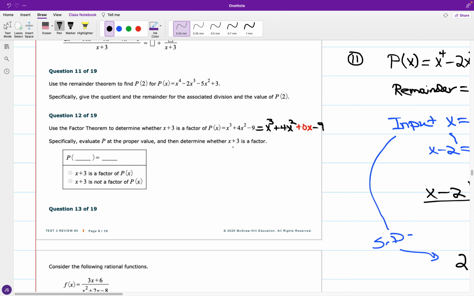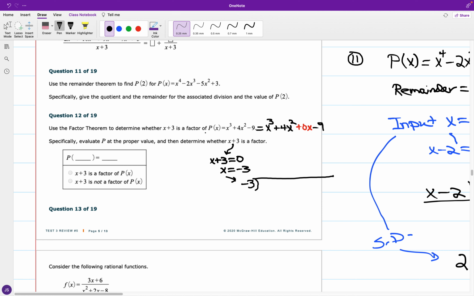And for x plus 3, x plus 3 is equal to 0. To translate this into synthetic division, I can use the 0 of x plus 3, so you have negative 3 in reference to x plus 3.